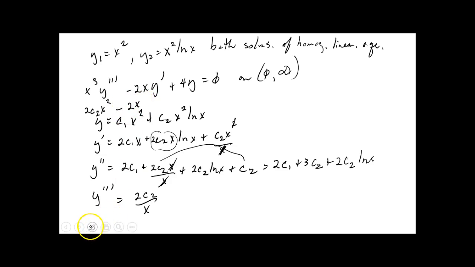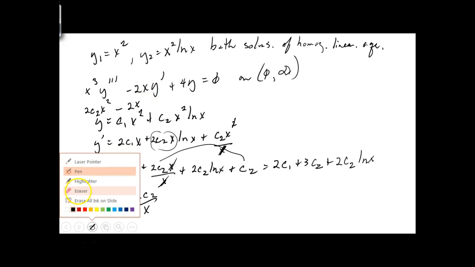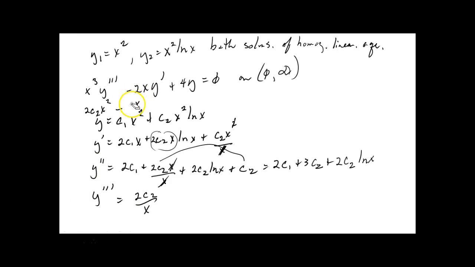So let me back off a moment on that. The minus is going to change all the signs in this. So it's 2x times 2c1x, that would be a minus 4c1x squared.